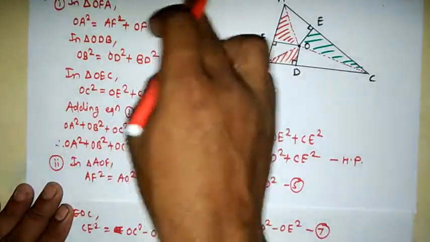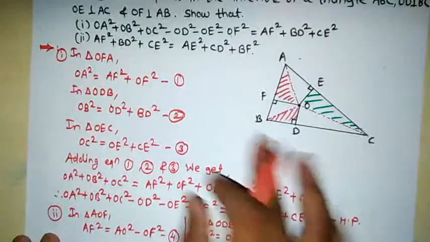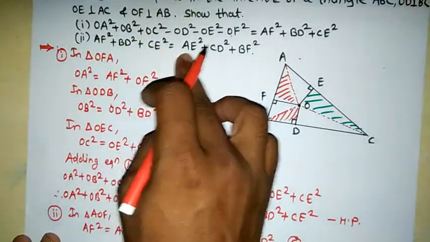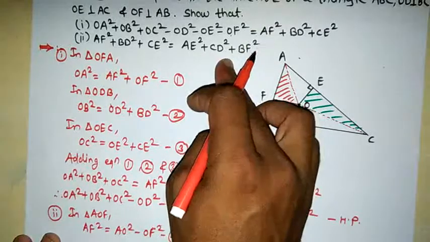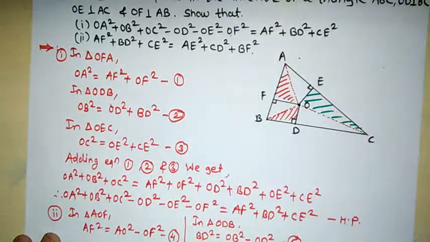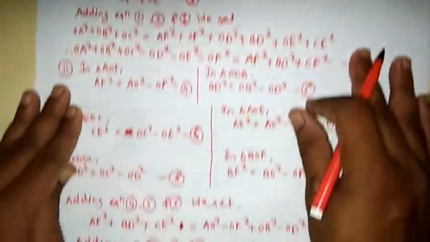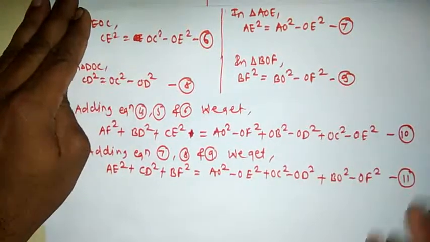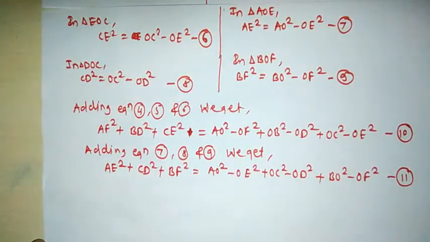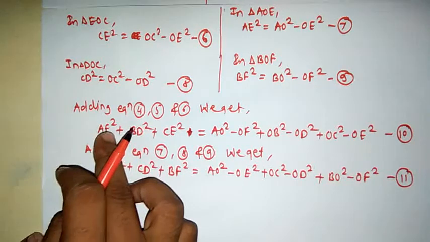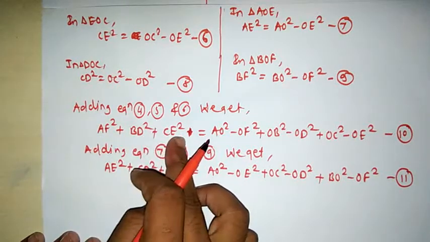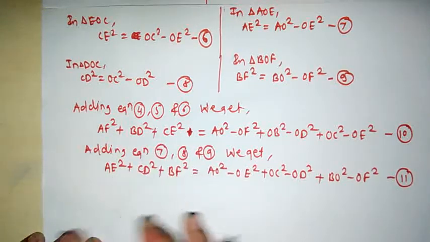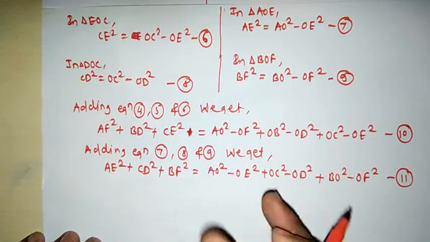Now in the proof, see here, we want AF square plus BD square plus CE square equal to AE square plus CD square plus BF square. How to get this? See here, LHS of equations 10 and 11. LHS of equation 10 is AF square plus BD square plus CE square. This is the LHS of our proof. And the RHS of the proof is this much.